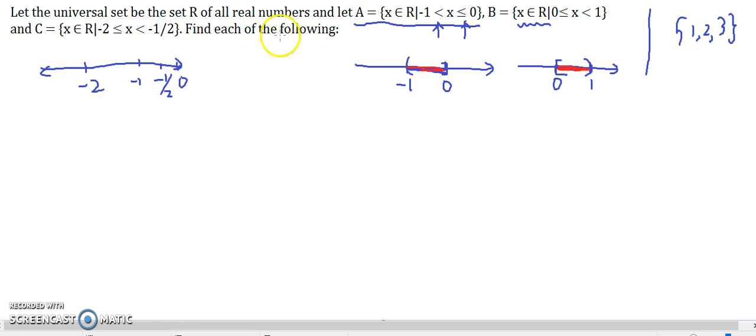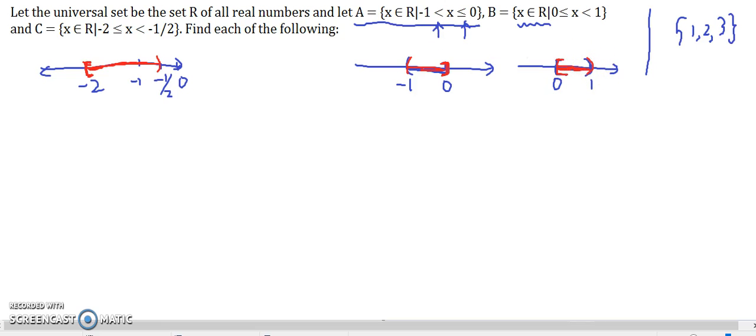If we describe the numbers, it's including -2, so I draw a bracket there, and not including -1/2, I draw a parenthesis. That's what we learned in algebra class. We use a bracket to describe including that endpoint, and a parenthesis for not including the endpoint.